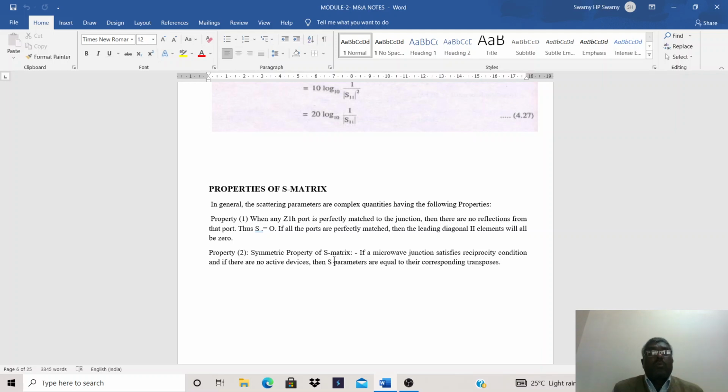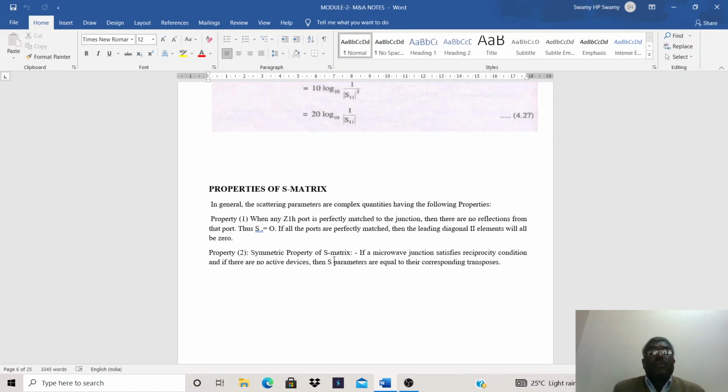Property number 1: when any Ith port is perfectly matched to the junction, then there are no reflections from the port. Thus, Sii is equal to 0. If all the ports are perfectly matched, then the leading diagonal elements will all be 0.